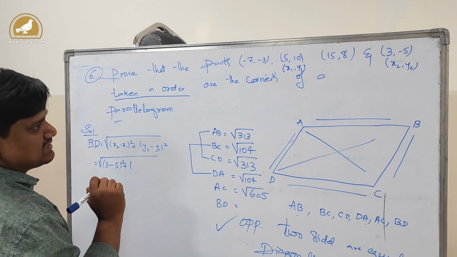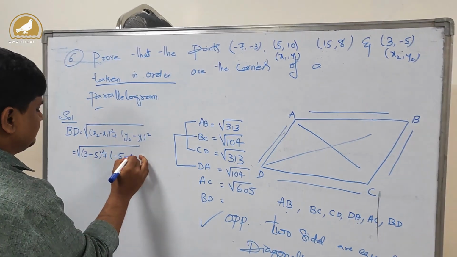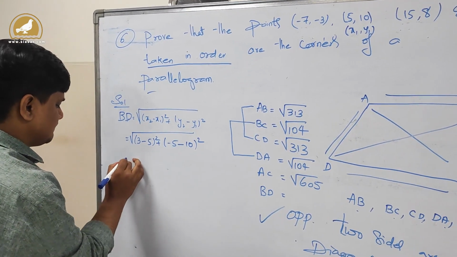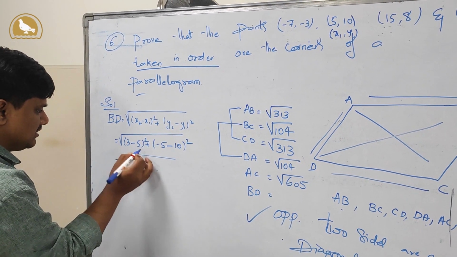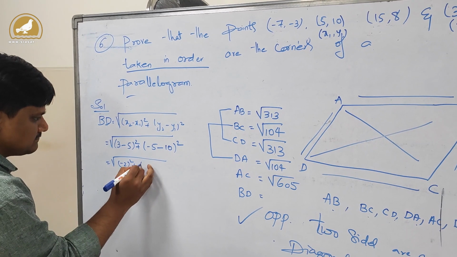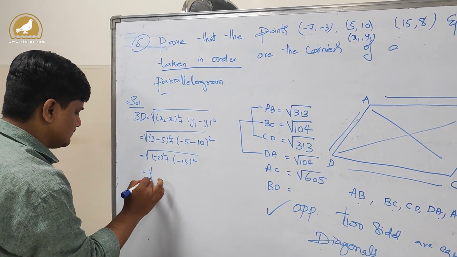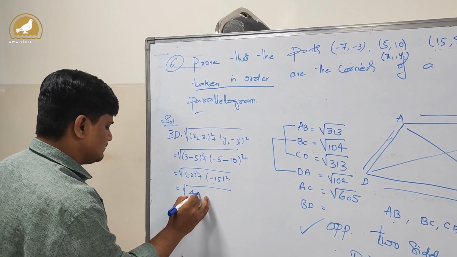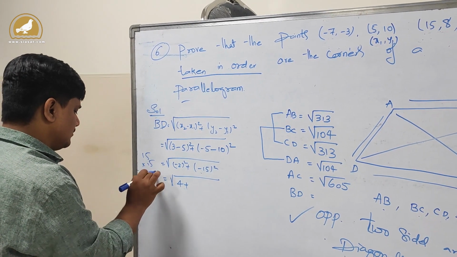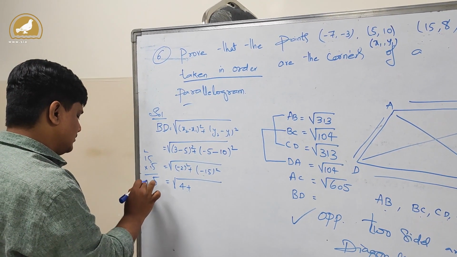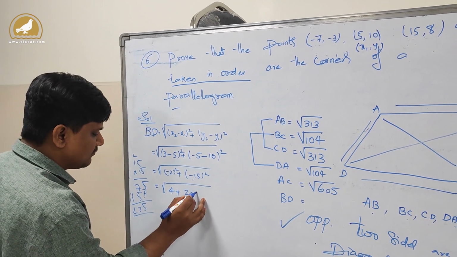The value of y2 is minus 5 and the y1 value is 10, so minus 15 square. 2 square is 4, 15 square is 225.